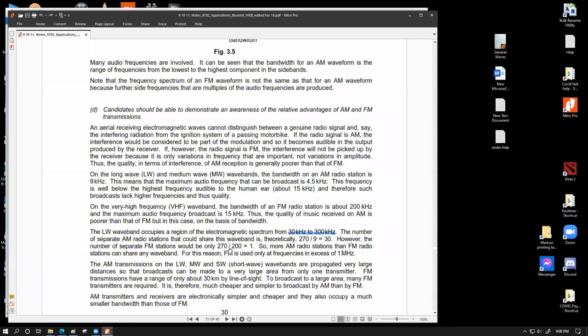Your cell phone will try to tune in radio stations from 85 megahertz, and it goes all the way up to 120 or 125. So around the globe, all the FM stations currently operate from 85 megahertz up to 125 megahertz. So in this case, they are saying in excess of 1 megahertz.